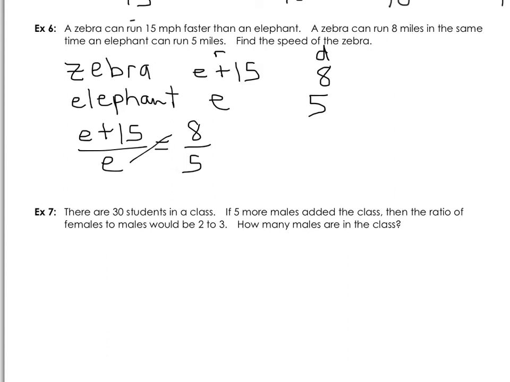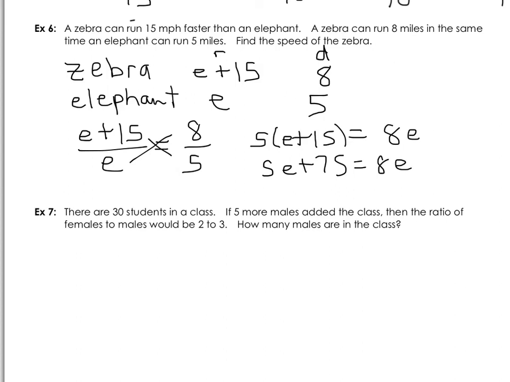Let's go ahead and solve that. Cross multiply. So we have 5 times E plus 15 equals 8E. 5E plus 75 equals 8E. Subtract 5E from both sides. 75 equals 3E, so E equals 25.